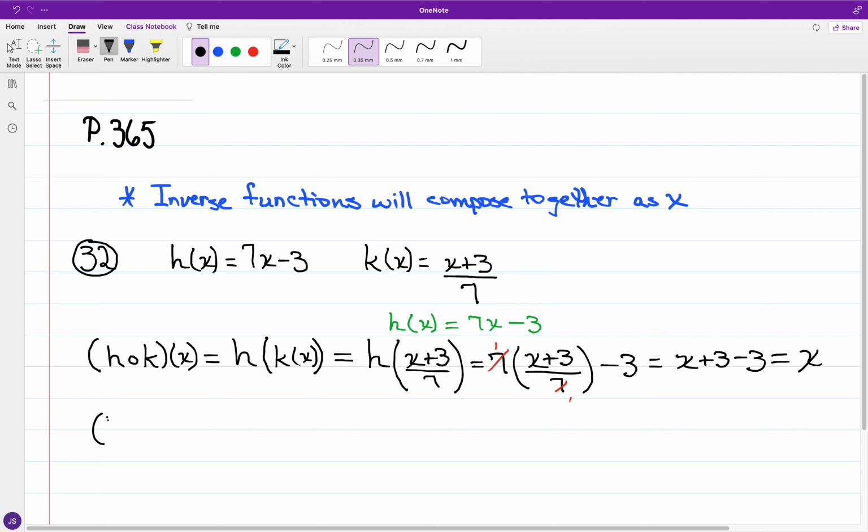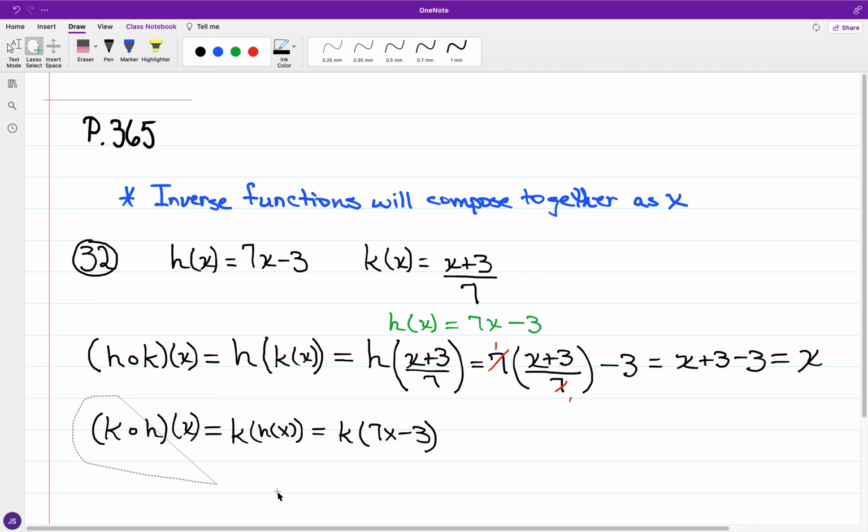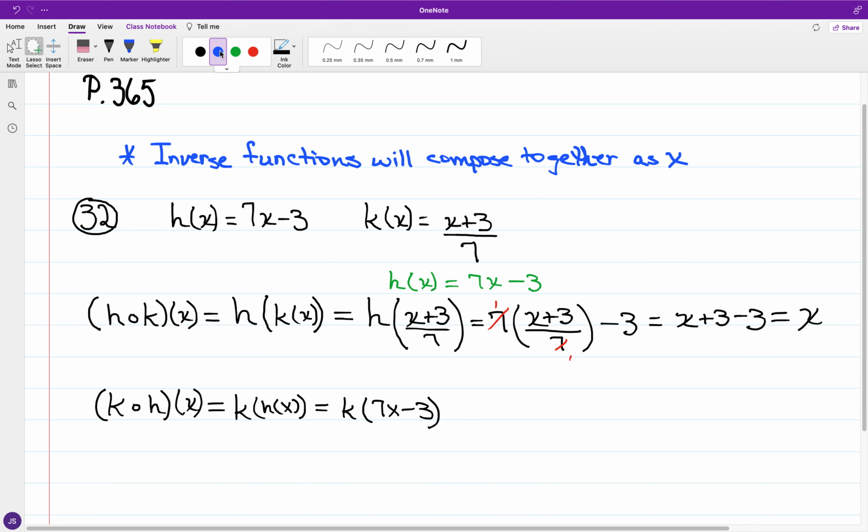And if I reverse, if I have k composed with h of x, so I have k of h of x, with h of x as the input. h of x we have 7x minus 3, operating in line with the output which we have in the form of k.